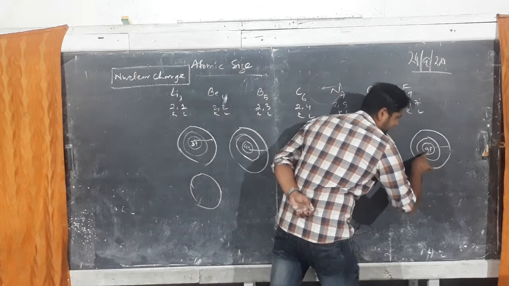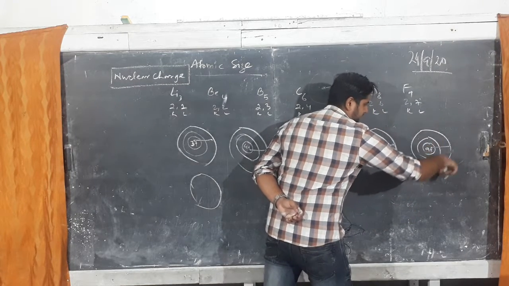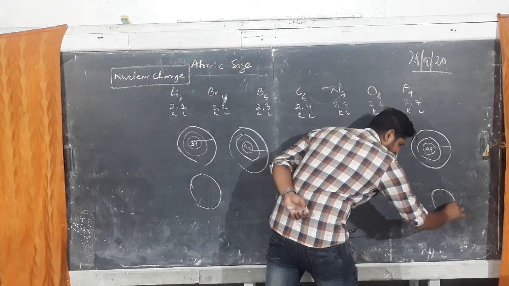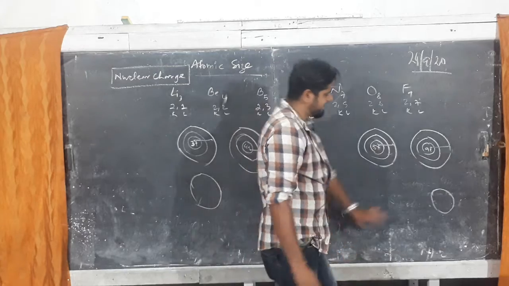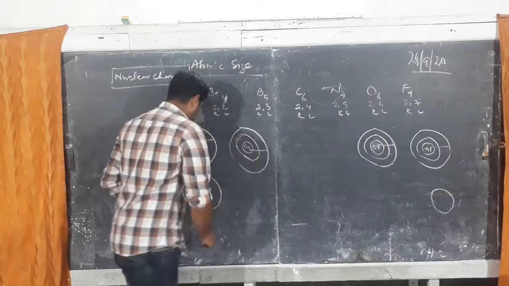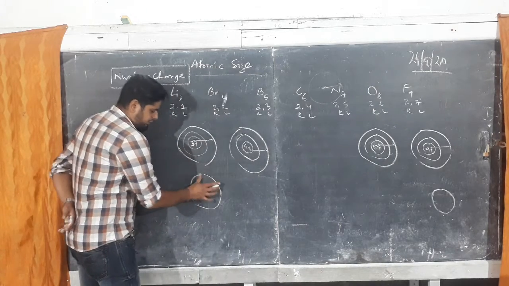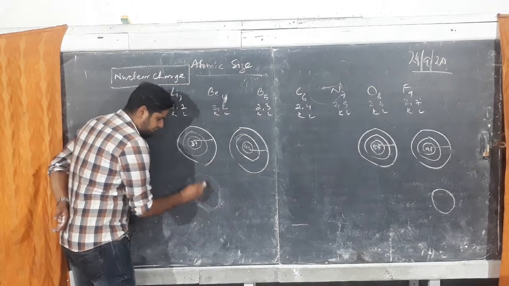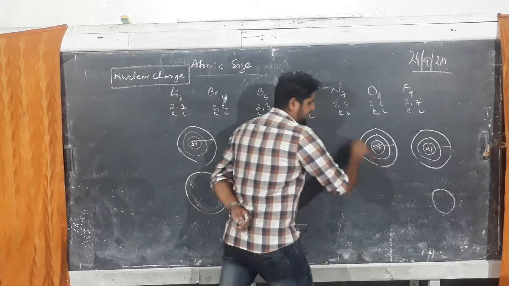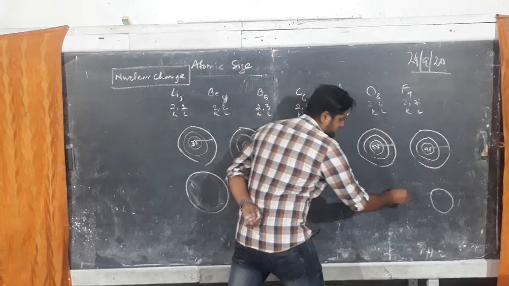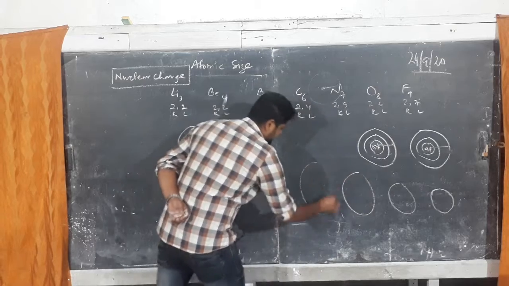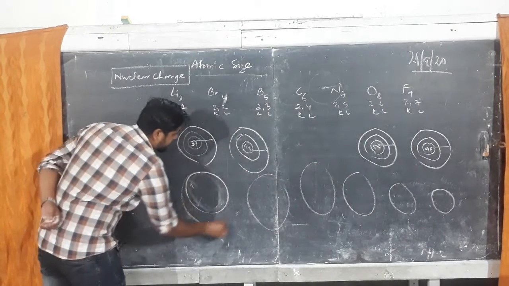Since 9 positive charges are pulling the outermost shell, this L shell will decrease inside. Here only 3 positive charges, that pull is not that strong. Here 8 positive charges pulling the shell, so somewhat bigger than this, and ultimately bigger. Yes or no?